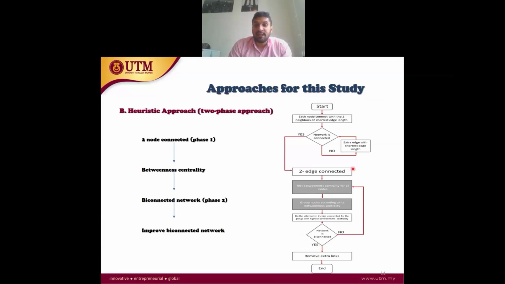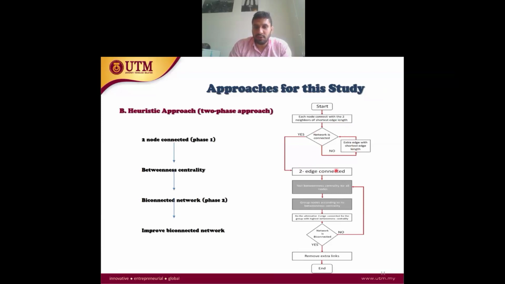Okay, and here, to get the two-edge-connected we will also use CPLEX software, and to get the betweenness centrality we will use MATLAB. So here we will see, to get the two-edge-connected, it will connect each node with two neighbors of shortest edge length.